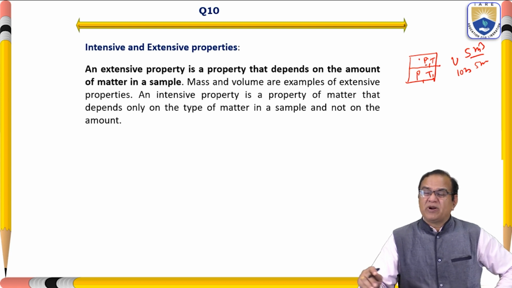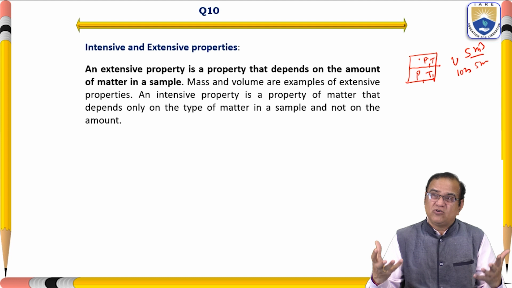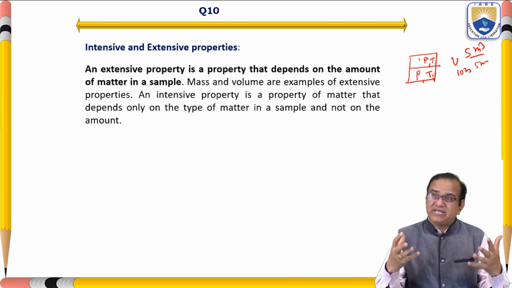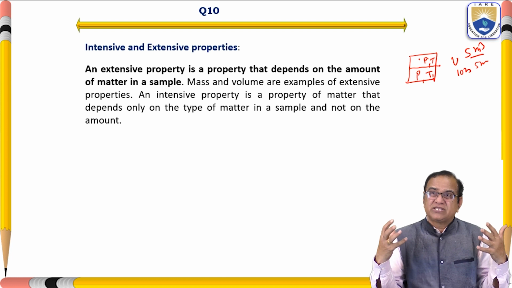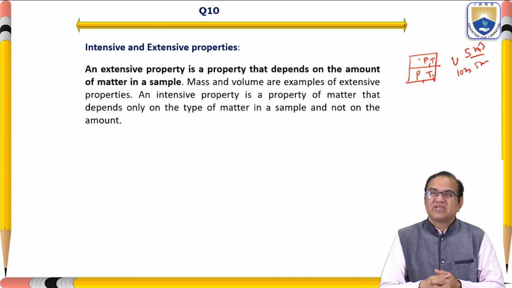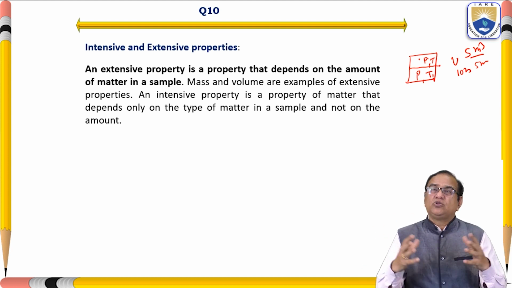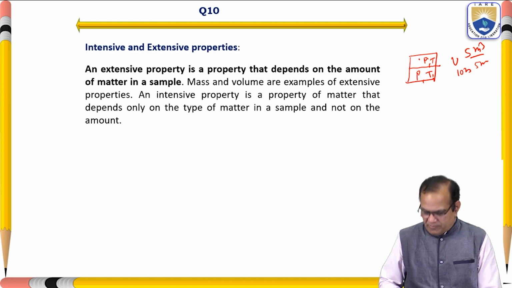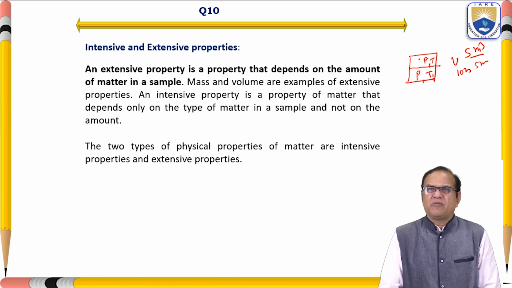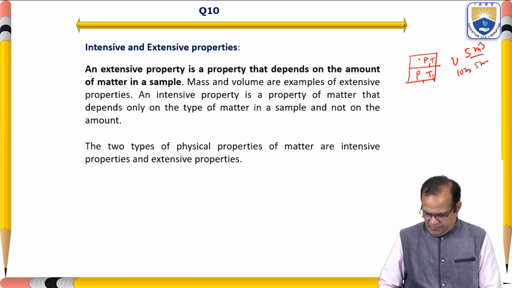Those types of properties which do not change with the change of mass or volume are called intensive properties, and properties like mass and volume change their amount if you bifurcate it. Those are called extensive properties. The two types of physical properties of matter are intensive properties and extensive properties.